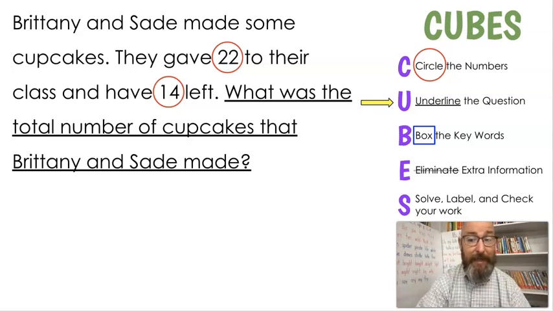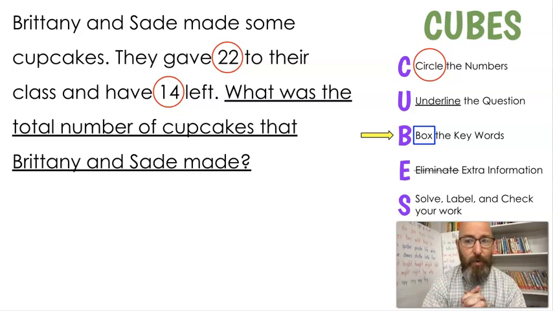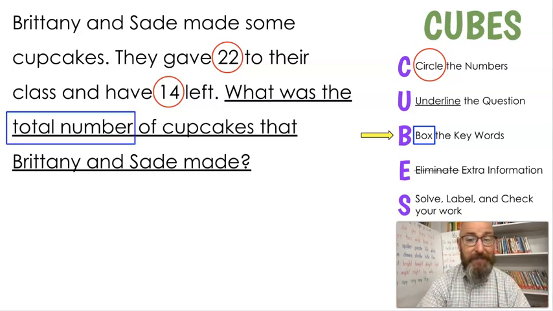Next is B. B stands for? Box the keywords. I don't have in all this time. What are the keywords that tell me if I should add or subtract? Do you see it? It's total number. And we know from our list that total number means that we add.